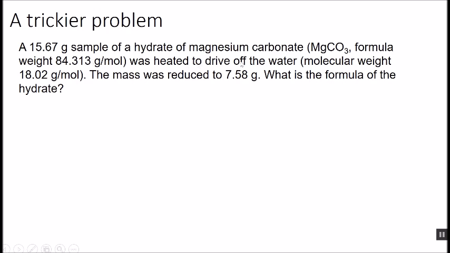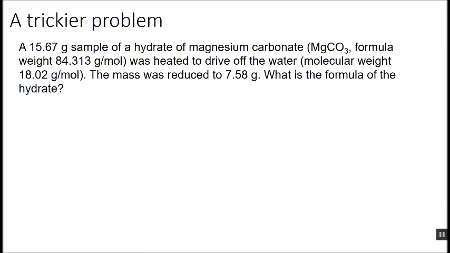You heat it to drive off all the water, and here's the molar mass of water. You would reduce the mass to 7.58 grams. So it started at about 15 grams, you end with about 7 grams. And this information alone can tell you the formula of the hydrate.